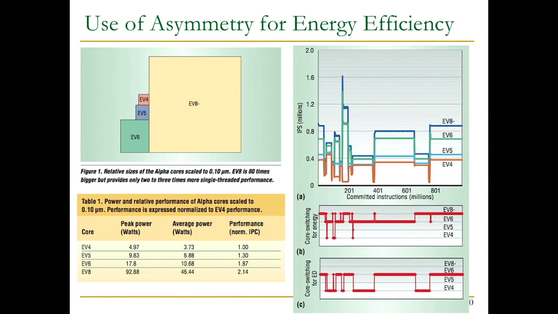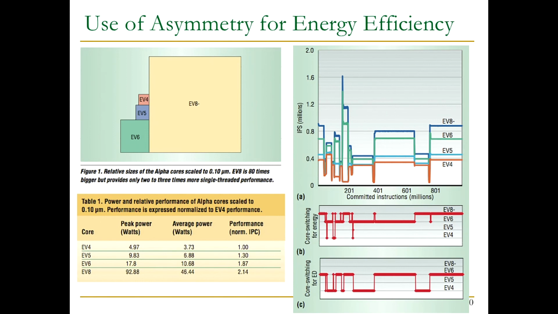This is Alpha 21264, for example. All of these are scaled to 0.10 micron. And let's assume that you put them together. Now you can use them for optimizing energy efficiency, right? And this shows the different average power and IPC. So this EV8 has 2x IPC compared to EV4, but it has, I don't know, a lot more power.